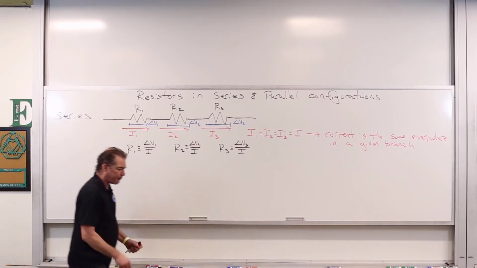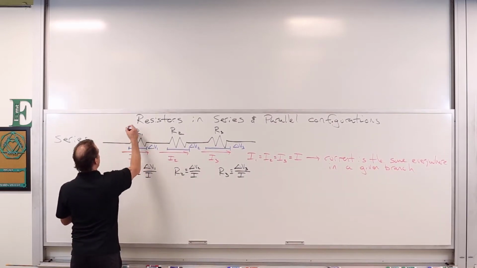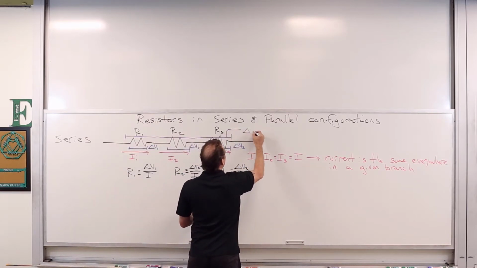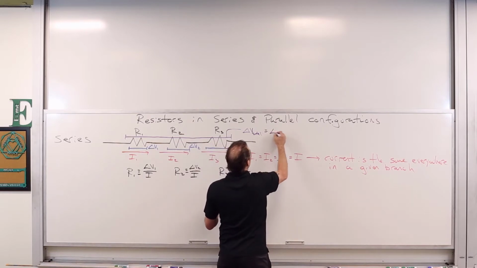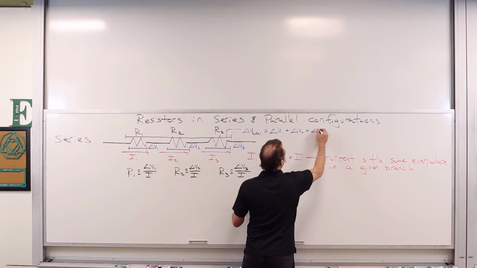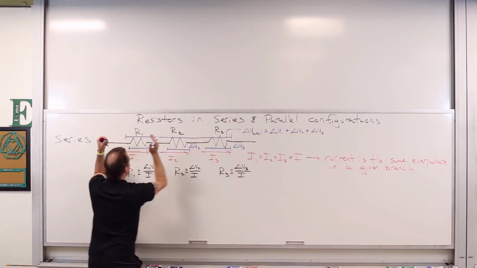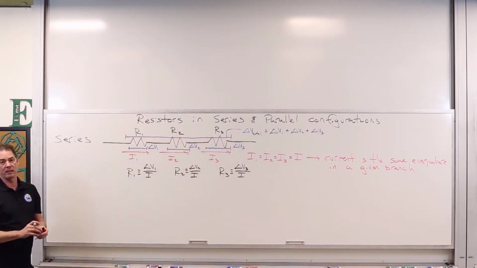Well, it ultimately means that there's some overall potential difference across this entire portion here, which I could call delta V total, and that's going to be equal to delta V1 plus delta V2 plus delta V3. The total potential difference across the whole section is the sum of the individual potential differences across the individual resistors.